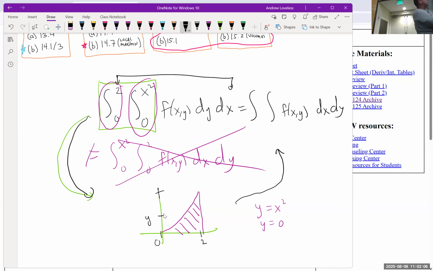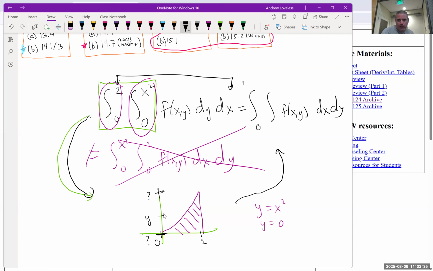And I need to give the functions in terms of y. So what's the biggest and smallest y can be? Tick marks are 0 to wherever in the world that is. So what are those?